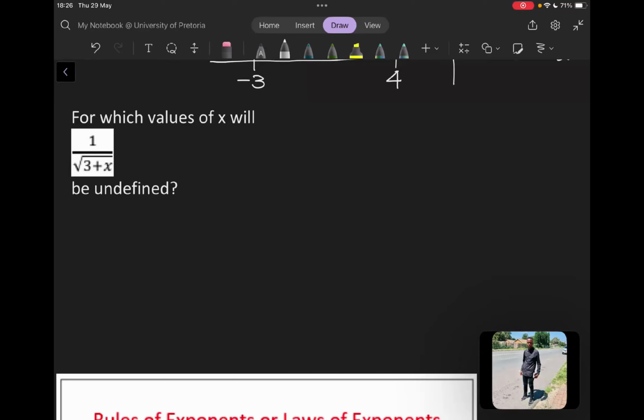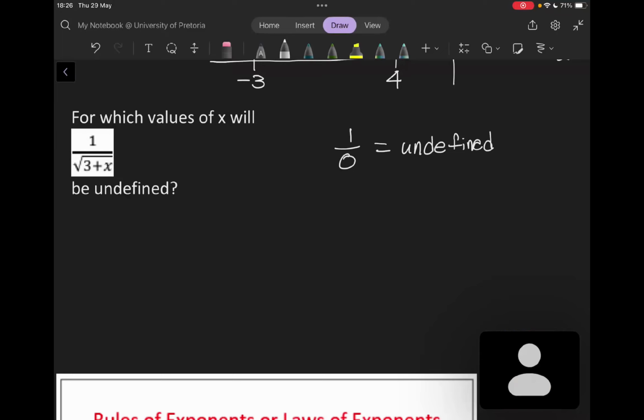And in this case, because it is a fraction, it will be unreal if the denominator is equal to 0. I need you to remember that whenever we have any number divided by 0, this is undefined.